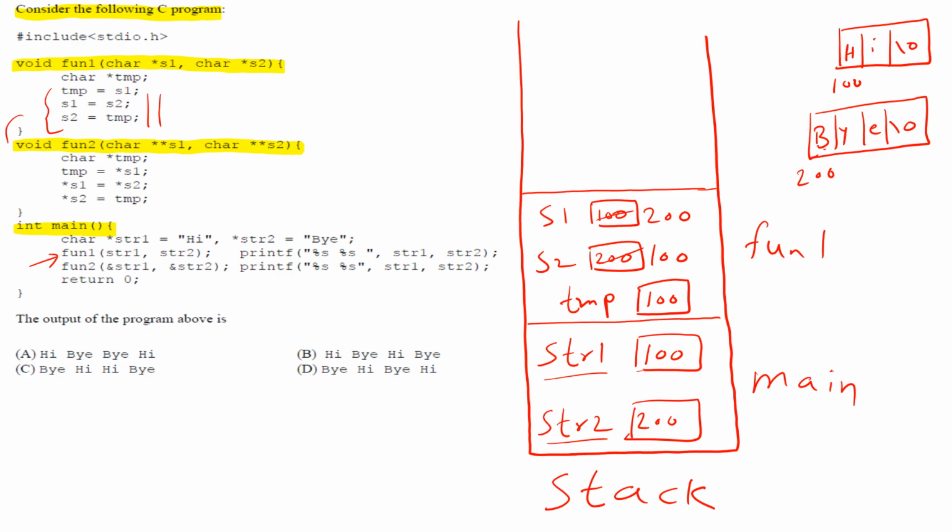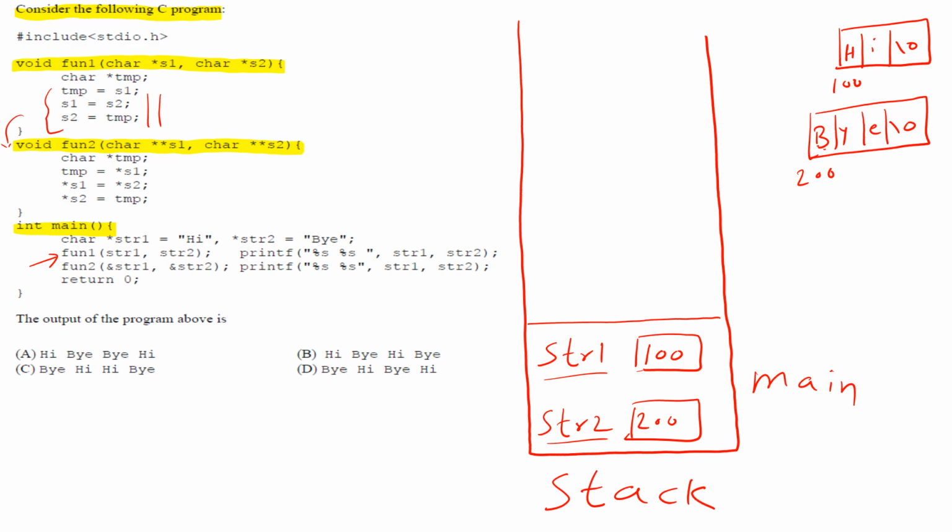Now when you exit from the function, the stack frame for fun1 is destroyed, right? So this stack frame is gone. When you come back, you are printing the values of str1 and str2, and the format specifier is %s.